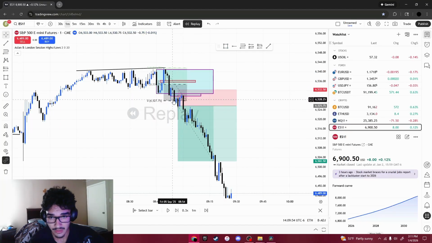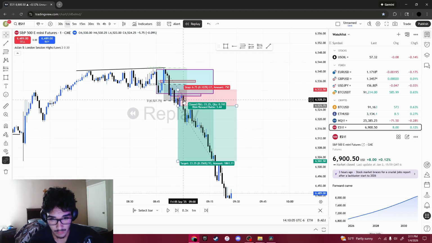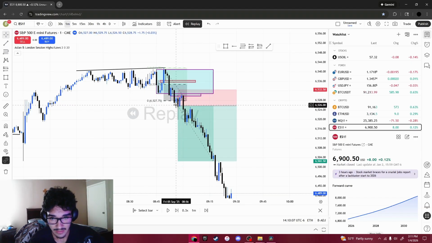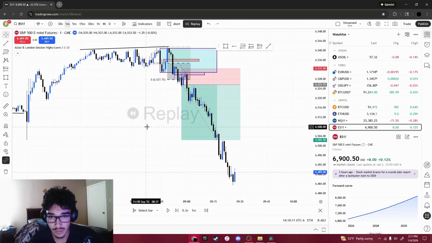Boom, you could enter off this, or yeah, there was a fair value gap here. I entered off this candle, you could enter off this candle, target previous lows, and that would have been your trade of the day.